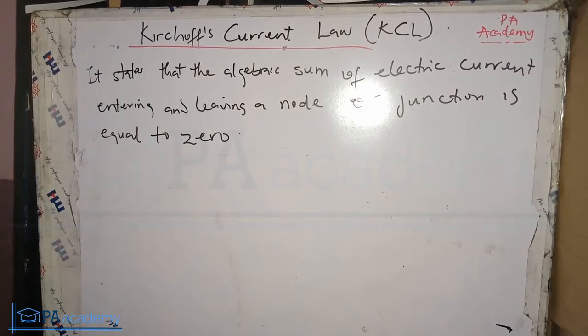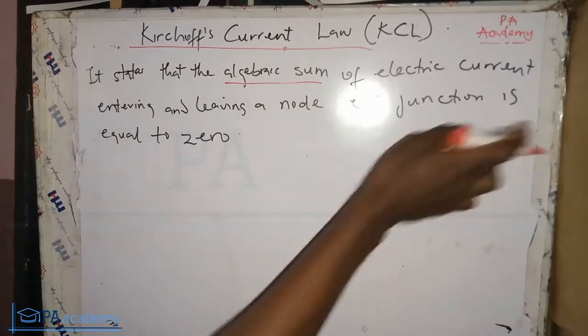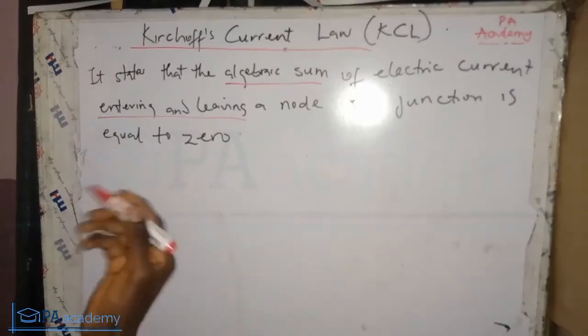Now what is this saying? They're saying that the algebraic sum of electric currents entering or leaving a node or junction is equal to 0.